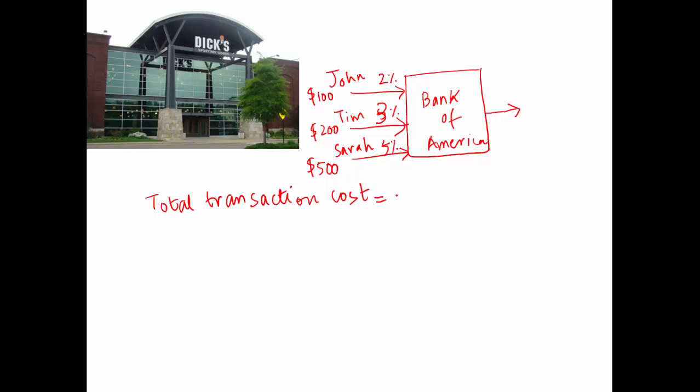So it'll be $100 times 2% plus $200 times 3%, and then $500 times 5%. That equals 2 plus 6 plus 25, equal to $33.